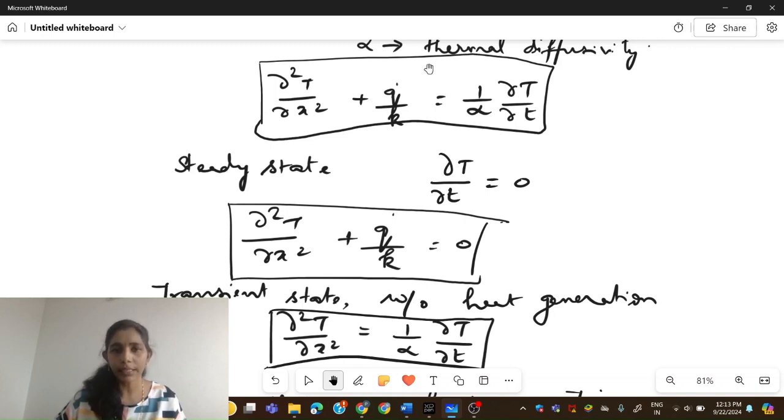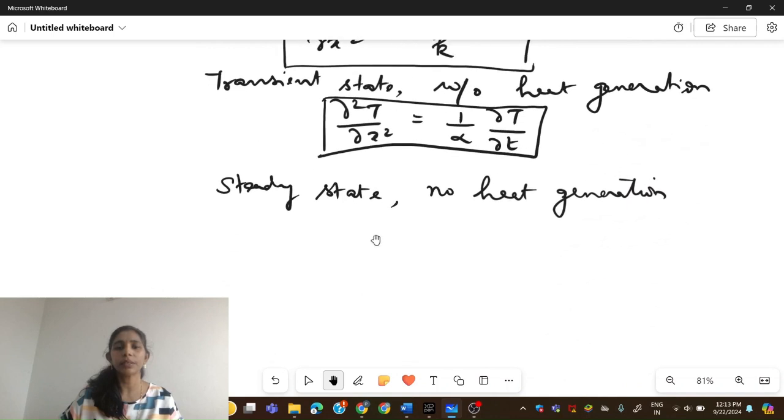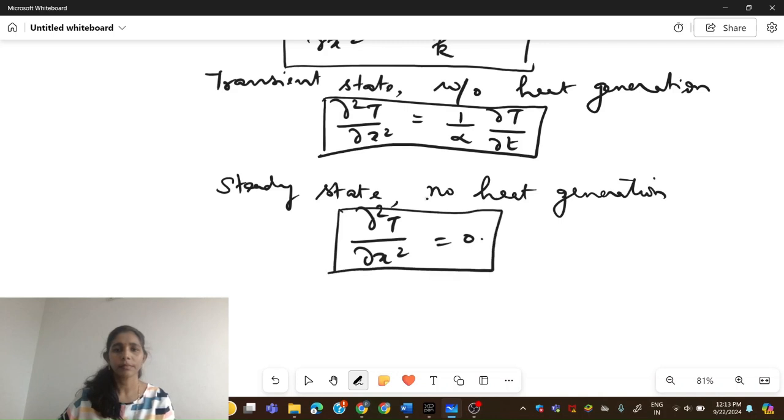No heat generation, the second term will go. So what is left? Only the first term is left. We are going to write only that now: dou square T by dou x square is equal to 0. Fine. So this is the simplified general heat conduction equation.